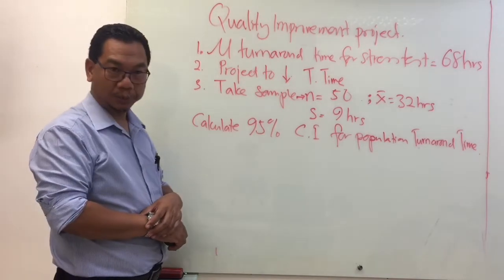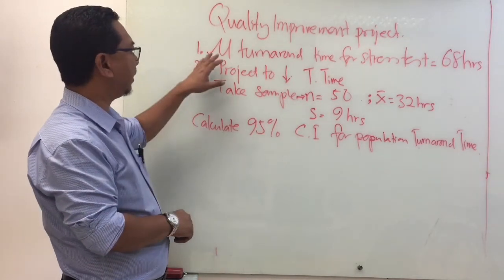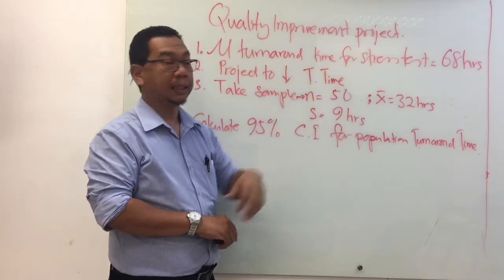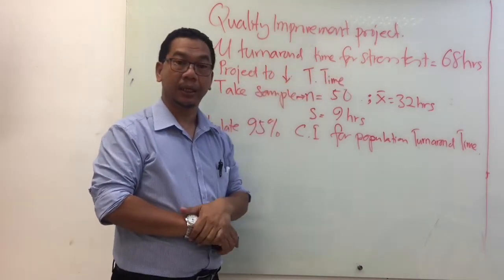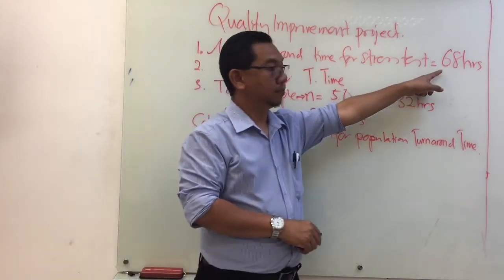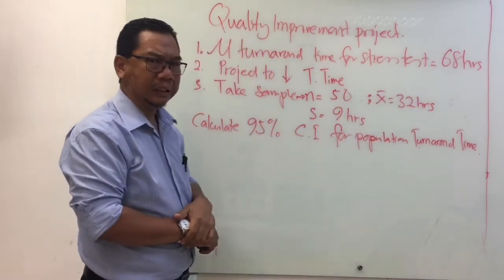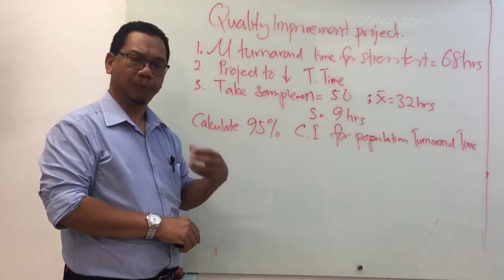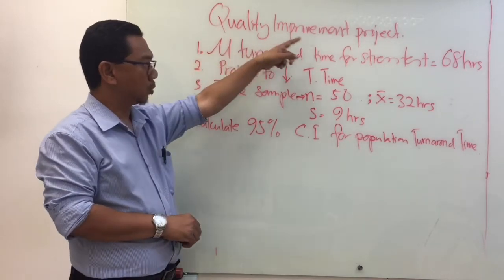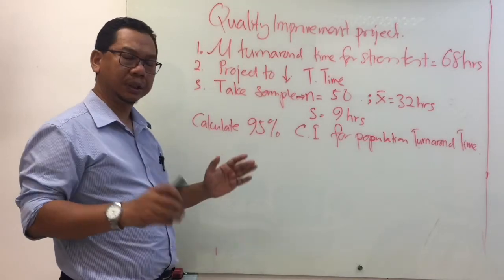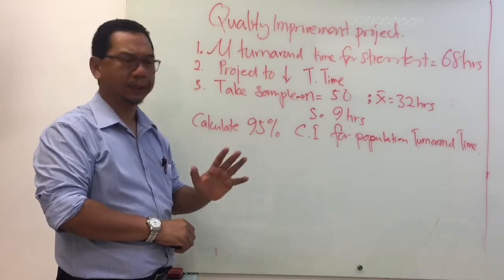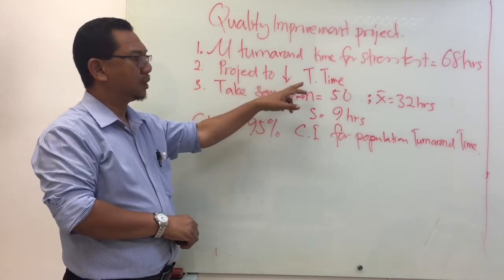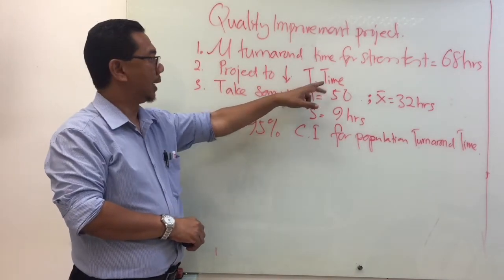Let's use this example to see how we calculate the confidence interval for the mean. In one hospital, previously they calculated the mean turnaround time for a stress test to be around 68 hours. Then they thought they could improve the situation, so they initiated a quality improvement project. After a certain period of time the project was completed, and the project objective was to reduce the turnaround time.